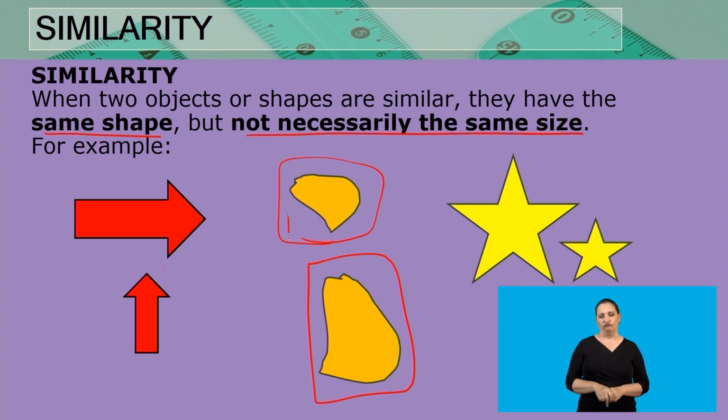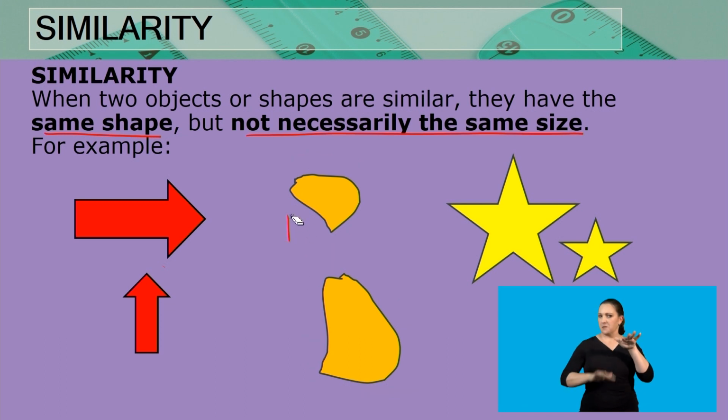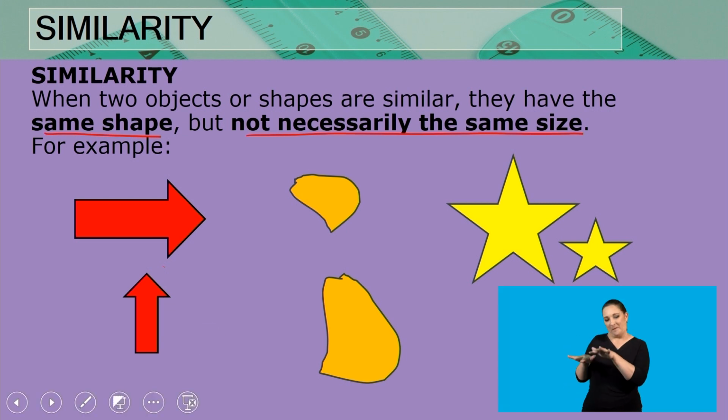This top one is smaller than this bottom one, but they are similar. Why? Because they have the same shape, but not necessarily the same size. And of course, we have two stars here that look the same, but have different sizes. So that is similarity: the same shape, but not necessarily the same size.